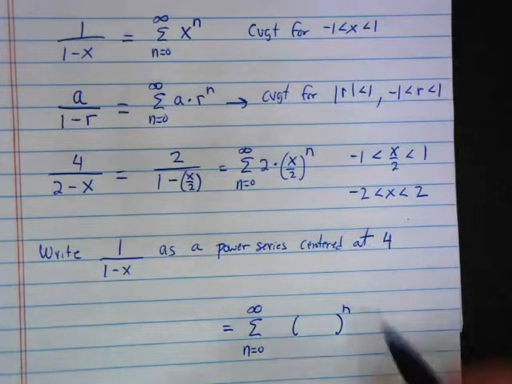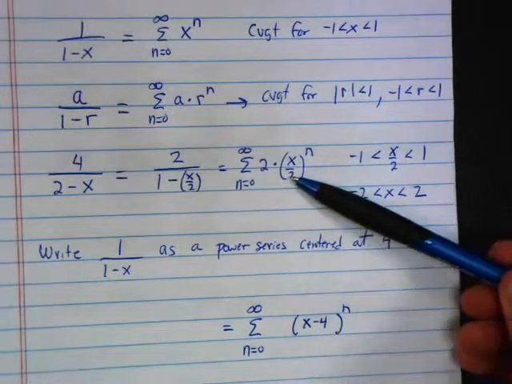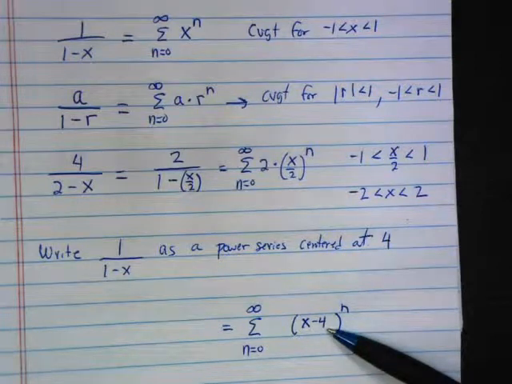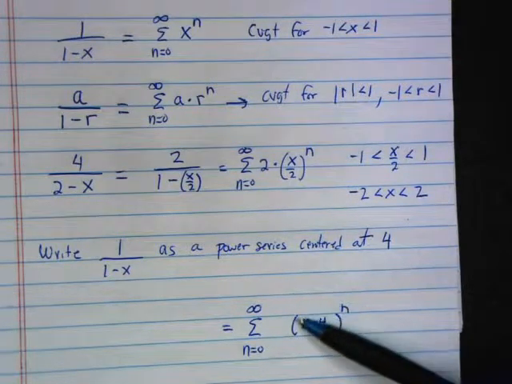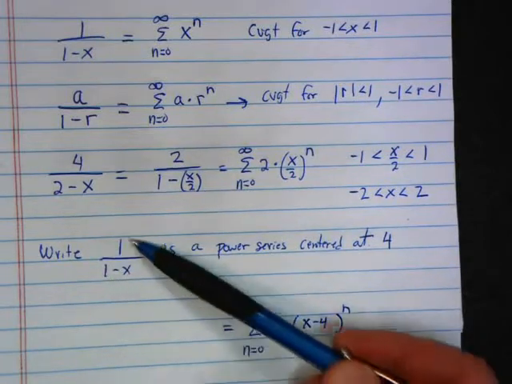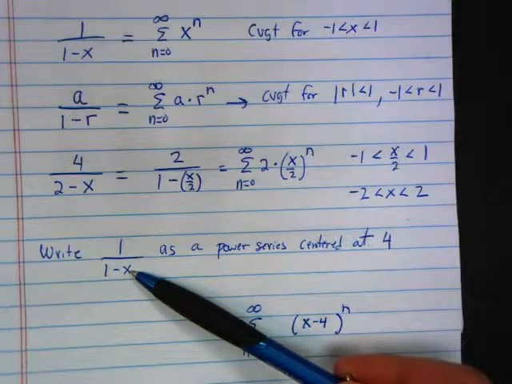I have to have an x minus 4, don't I? I might have to multiply by something or divide by something like I did in this previous example, but I need an x minus 4. If I need an x minus 4 here, then what does that tell me about this? I need instead of an x right there, an x minus 4.